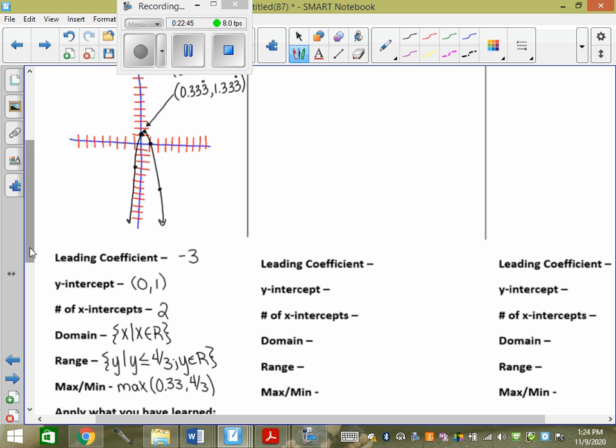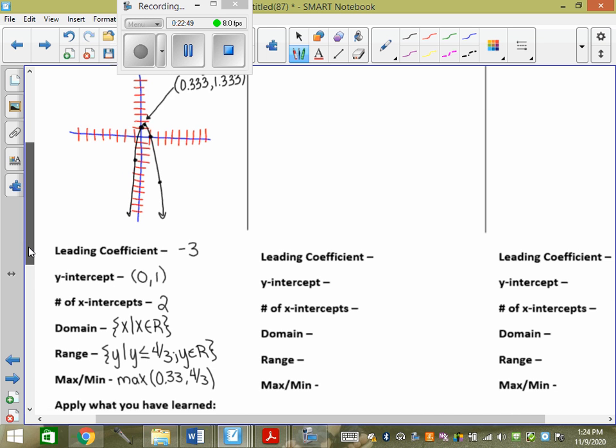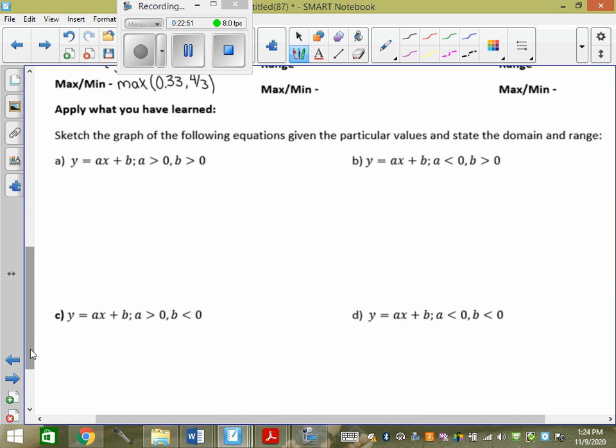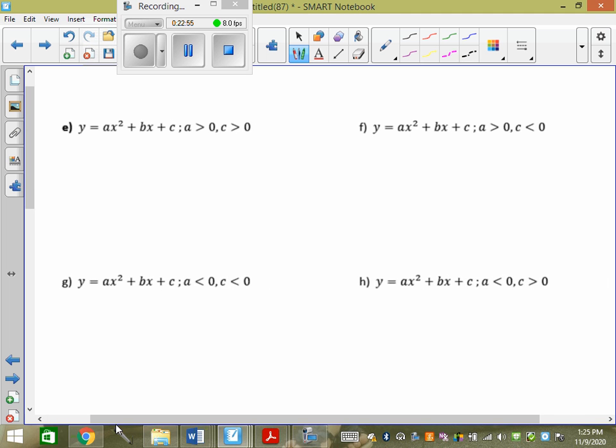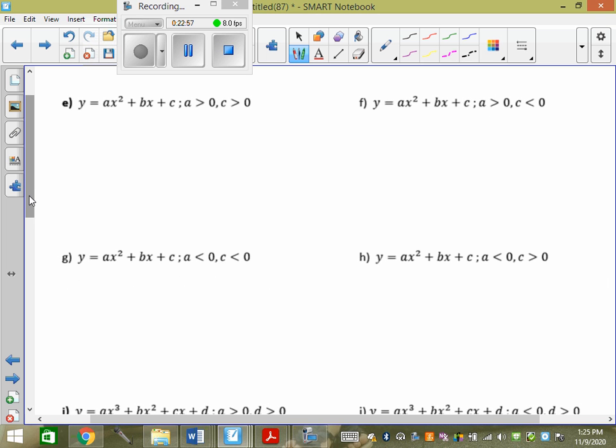Okay. So I want you guys to flip ahead to here. E, F, G, and H. We're going to look at E first. So E is a quadratic where A is greater than 0 and C is greater than 0, and we're supposed to sketch a graph of it. So if A is greater than 0, that's this variable. What does that tell me about the graph? If A is greater than 0, it's positive.